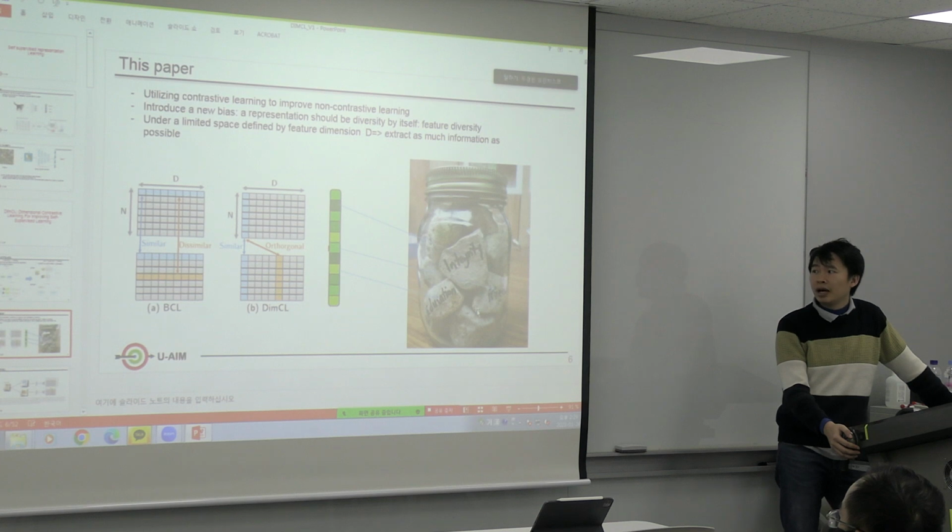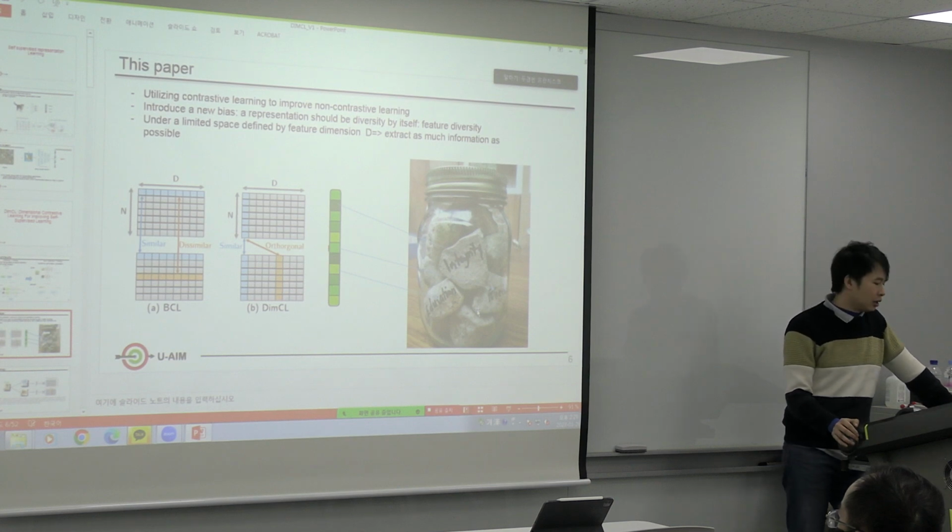Given an input image, how can we extract a lot of information into that limited embedding space or representation vector?